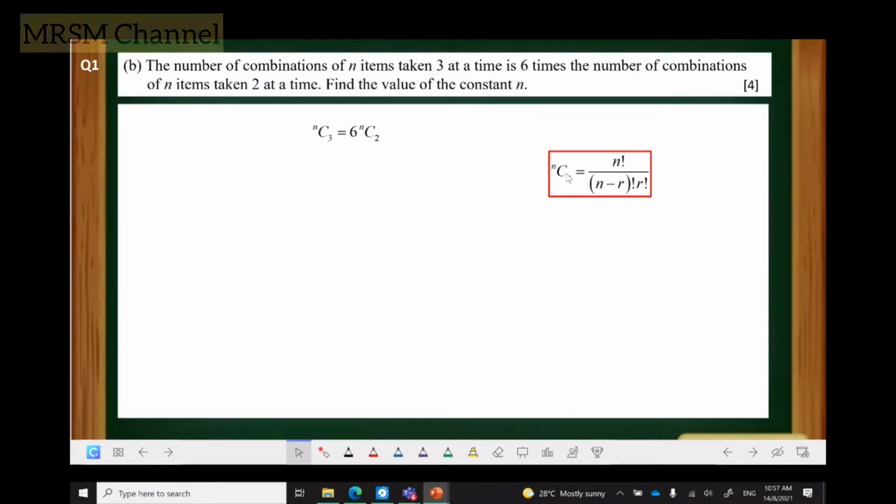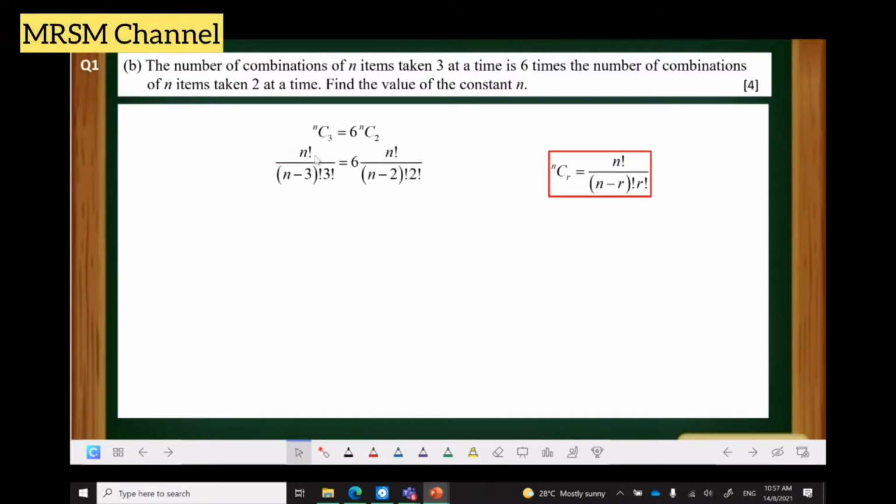Okay, so we use this formula to convert nC3 ni, dia akan jadi n factorial over n minus 3 factorial because 3 now is r, 3 factorial, multiply 6 dengan n factorial over n minus 2 factorial, 2 factorial.